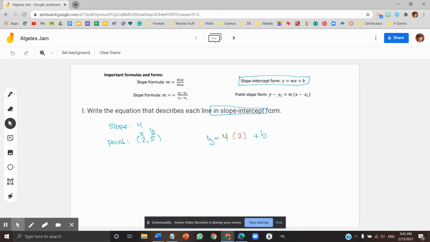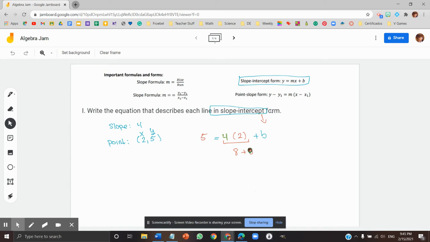I have y, and y is 5. Now I only have one variable, so now I can look for that intercept. This is going to be pretty easy. First, we're going to solve our multiplication. How much is 4 times 2? That's going to be 8.